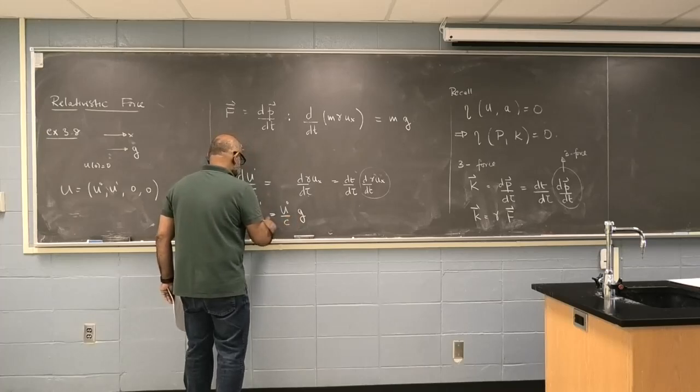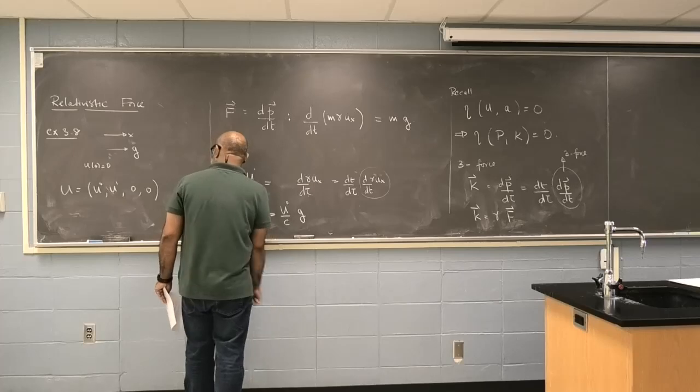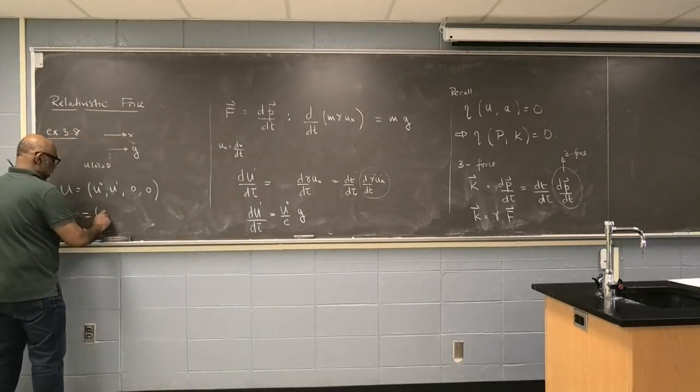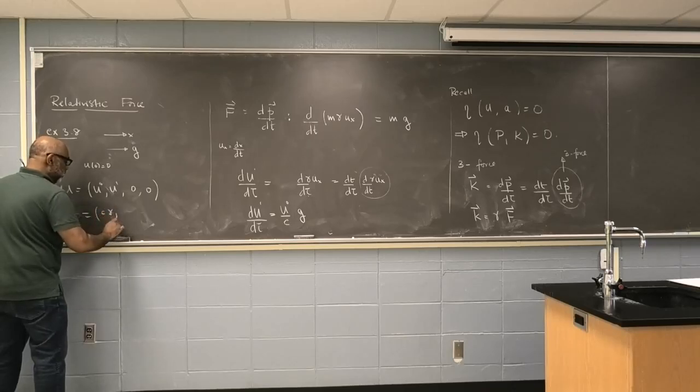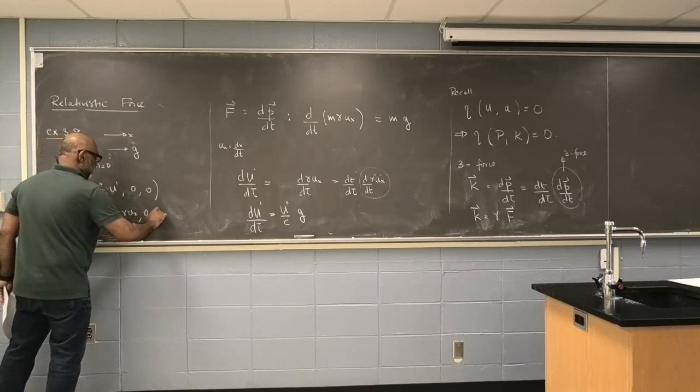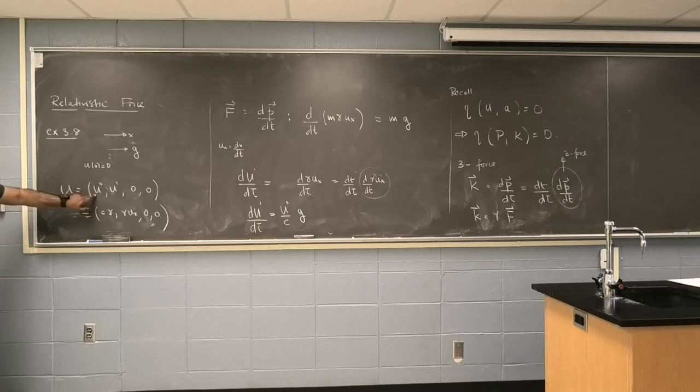It is only confusing because we have to keep track of so many things in mind. Gamma is dt d tau.